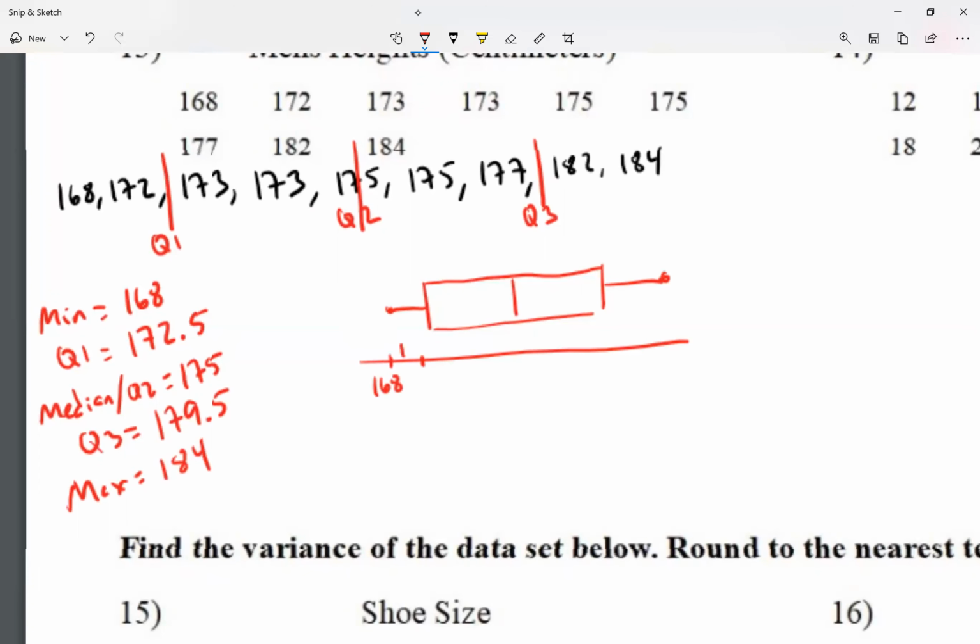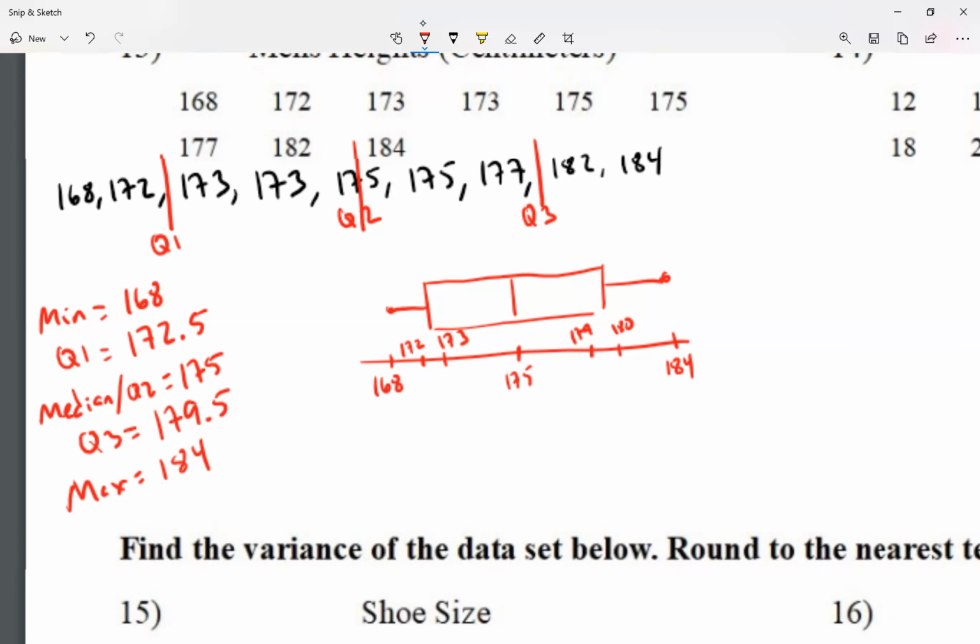Let me call this 172, and there's 173. Right here, you will see 175, and let's say this other number is in between 179 and 180, and this other number here is 184. So I could have given you a list. You can easily find a 5-point summary, or I can give you the box and whisker.